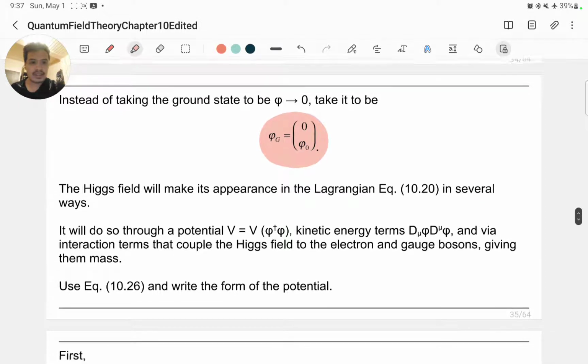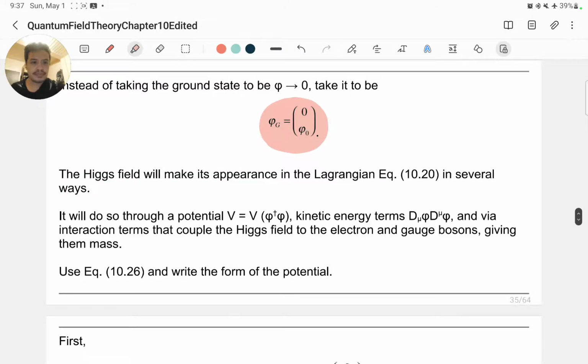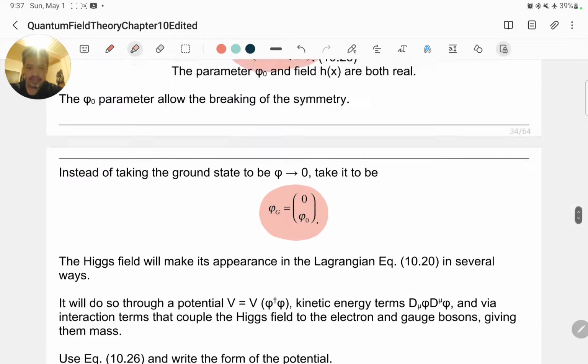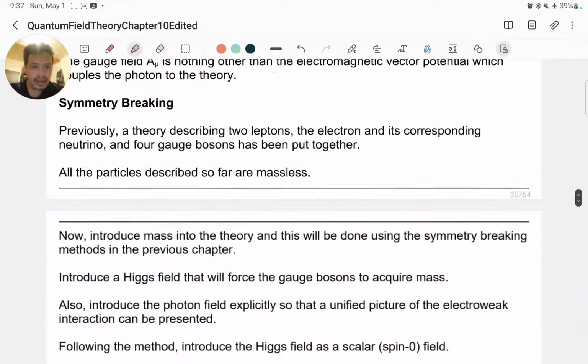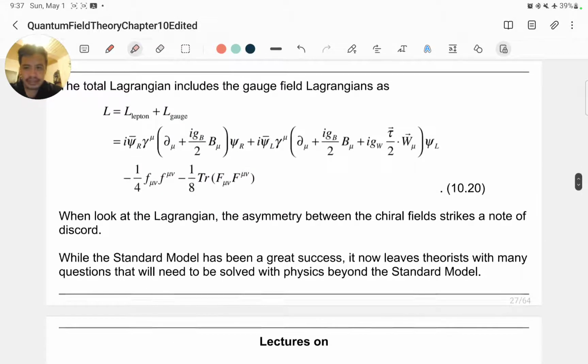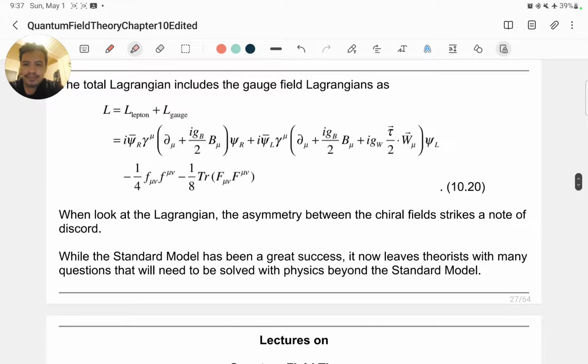So if we go back to 10.20, we can go back up to here. Yeah, we will be able to make an investigation on this particular part of the Lagrangian.